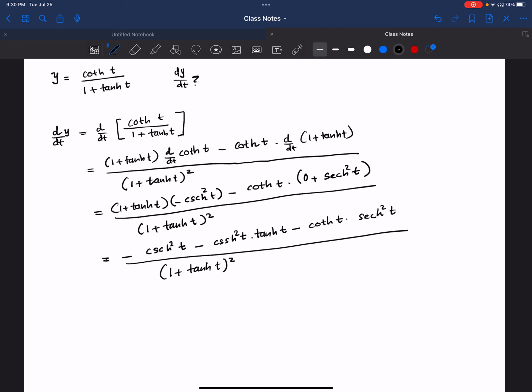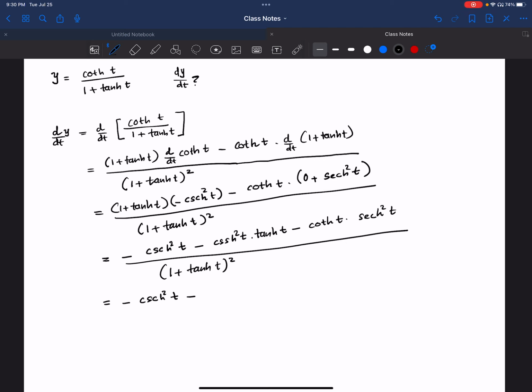So you can simplify this further. This is negative cosecant squared, hyperbolic cosecant squared t, minus this is 1 over sinh t. So I want to cancel one sinh t here.